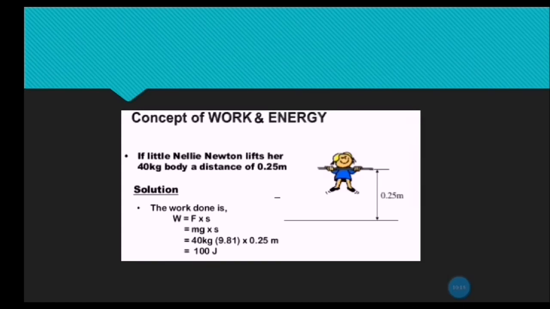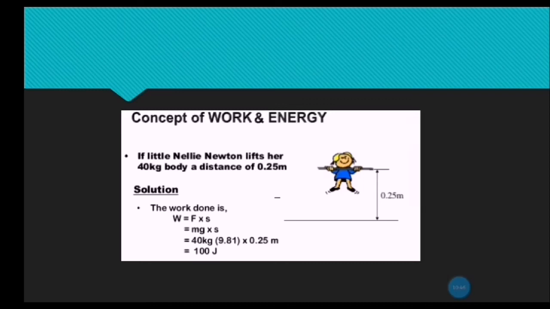Concept of work and energy. If little Nelly Newton lifts her 40 kilogram body a distance of 0.25 meters, what is the work done? The work is W equals F times S. So F is the force. In this case, the force is the force needed to move a 40 kilogram body, which means I don't have a force here, I have a mass.